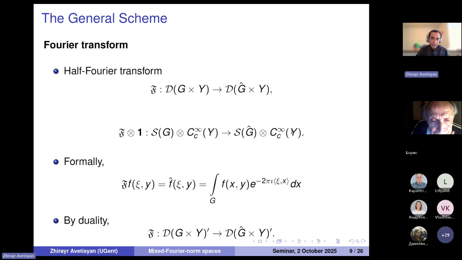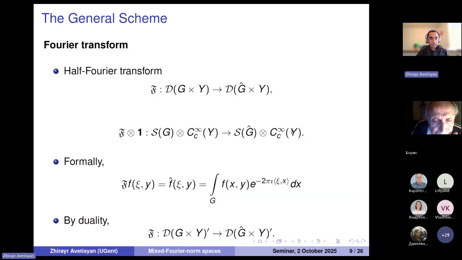So we do that, but regarding the extra variable as a constant. In other words, this is first defined as a component-wise operator acting by Fourier transform on the Schwartz space and trivially on this test function space, and then extended to the full tensor product by continuity.